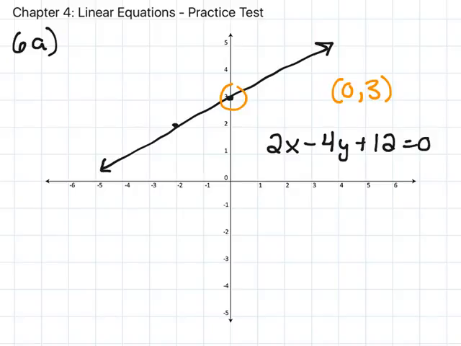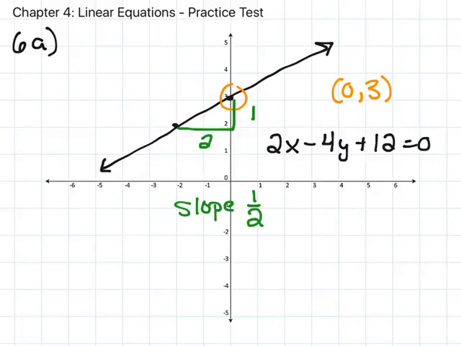And we want to find the slope. So if we go rise over run, we'll use the 2 points that are indicated. So our rise is 1 block, and our run was 2, so our slope would be 1 divided by 2.